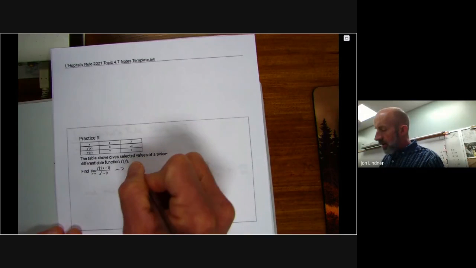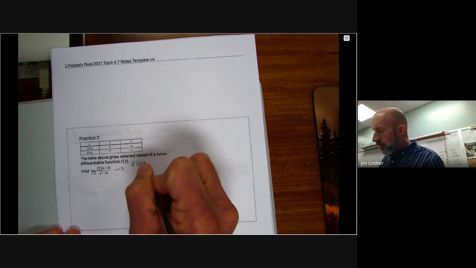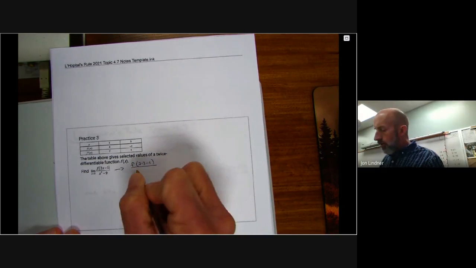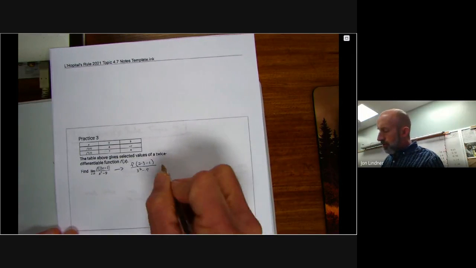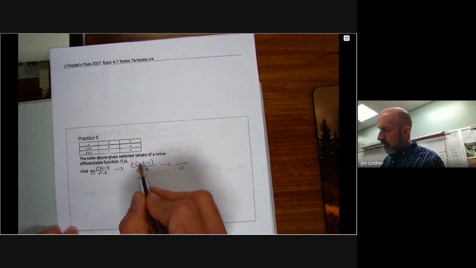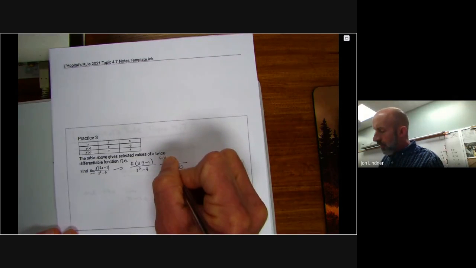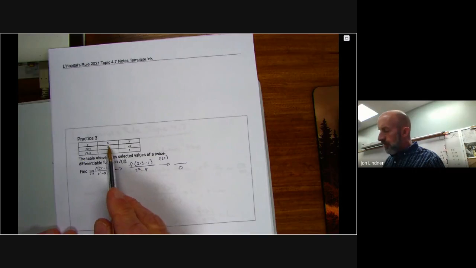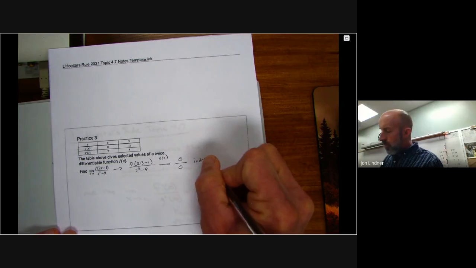So I'm going to find f of 2 times 3 minus 1 all over 3 squared minus 9. So the bottom is definitely 0. The top, let's see, 2 times 3 is 6 minus 1 is 5. I need to find f of 5. So I come up to my table. F of 5 is 0. Uh-oh. Indeterminate form.